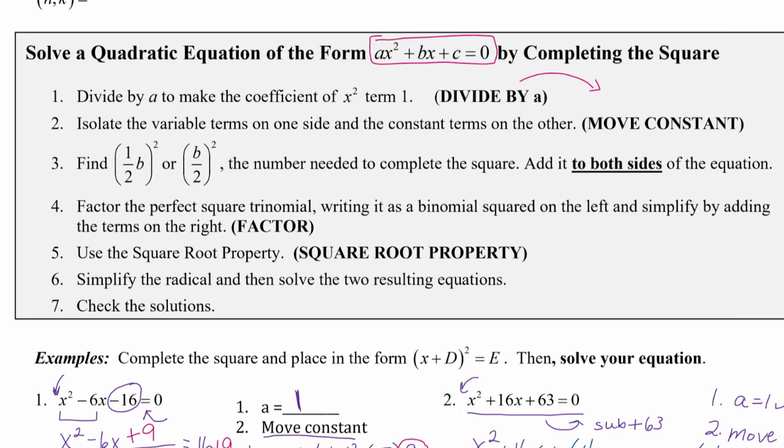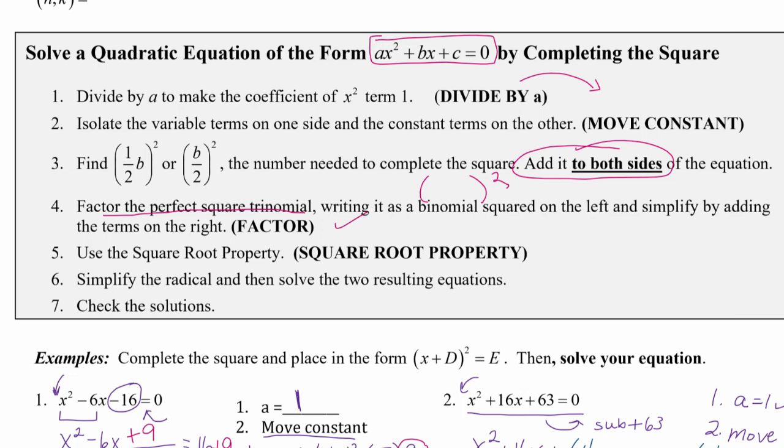Third step is to complete the square, taking half of b and squaring it, but not forgetting that you have to add it to both sides of the equation. The fourth step is to factor the perfect square trinomial that you just completed. You just completed the square, so you should have a binomial squared.